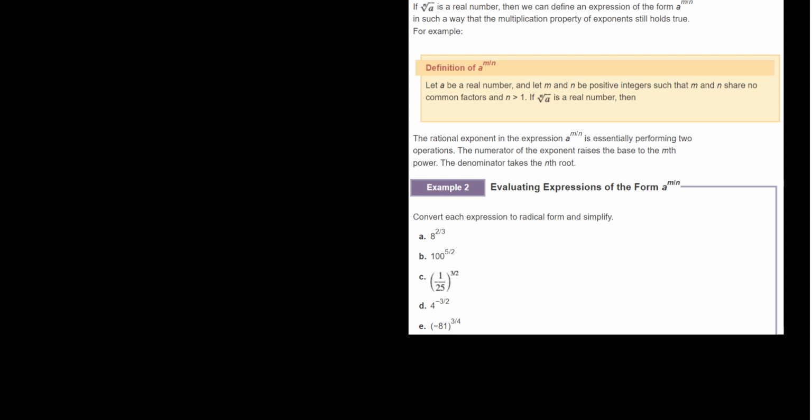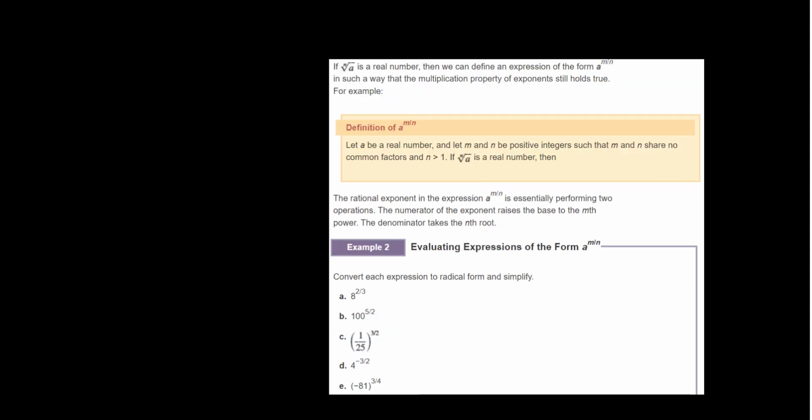So instead, we are going to make this definition ourselves. That's unfortunate. We'll just do it this way.